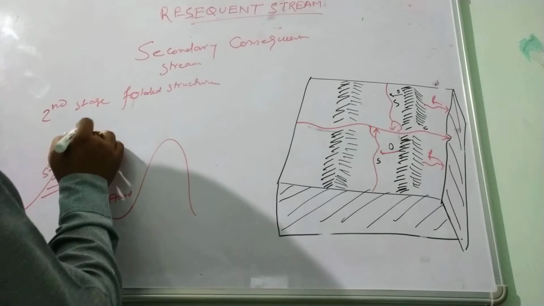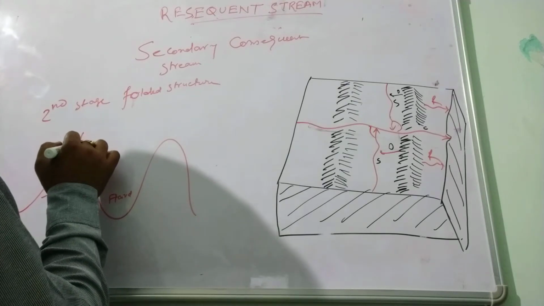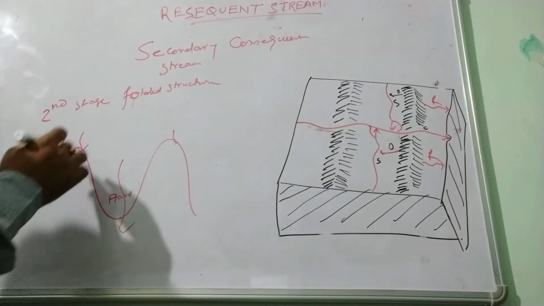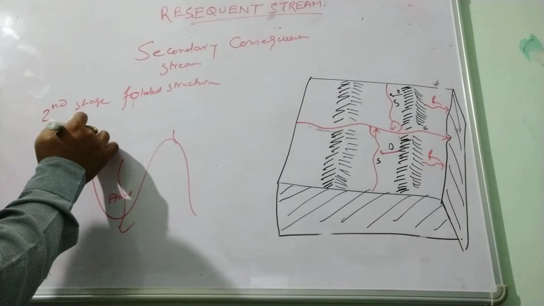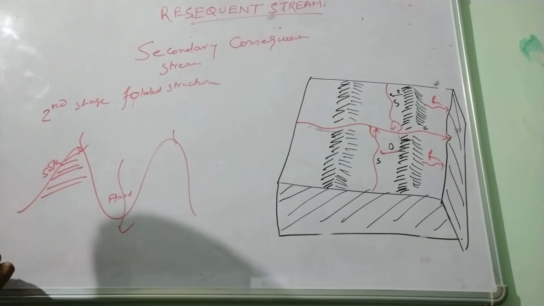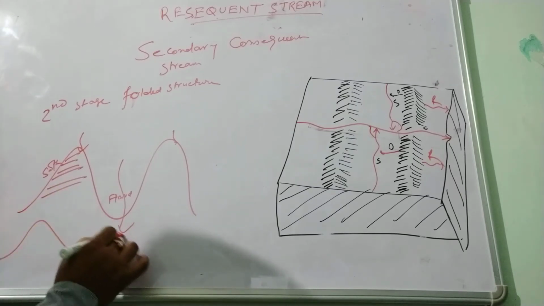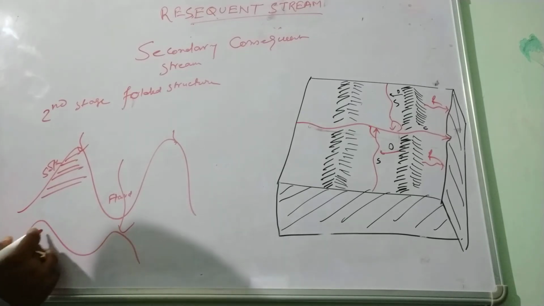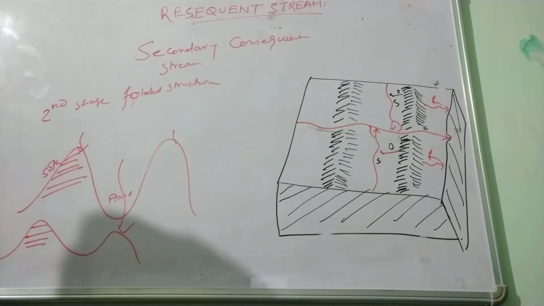So subsequent streams are developed here, some small streams are developed here, and the main consequent stream is developed here. But due to the active erosion of these small streams, it could become lower like that, and the erosion of this portion is much less.